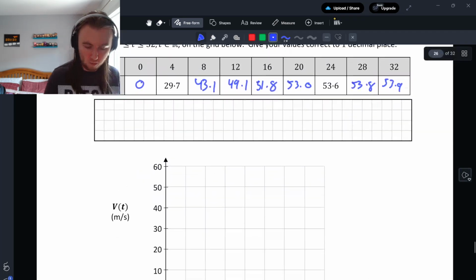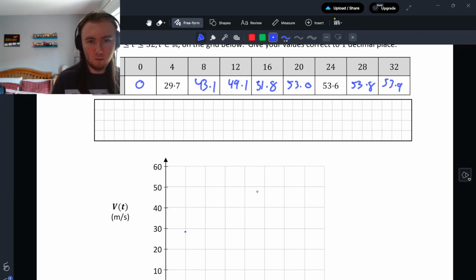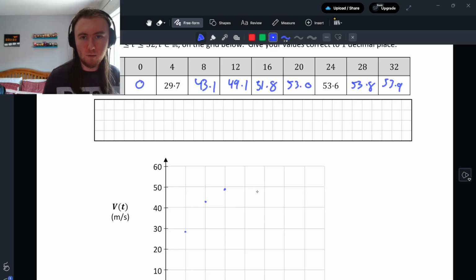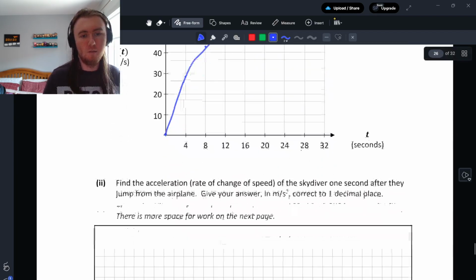Okay, so 4 was 29.7, 8 was 43.1, 12 was 49.1, 16 was 51.8, 20 was 53, 24 was 53.6, 28 was 53.8, and that's 53.9. I messed up a bit, but that's roughly enough.